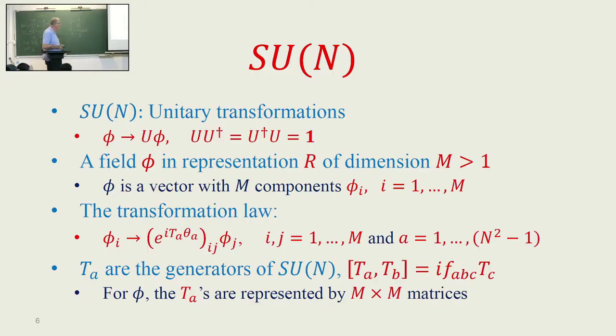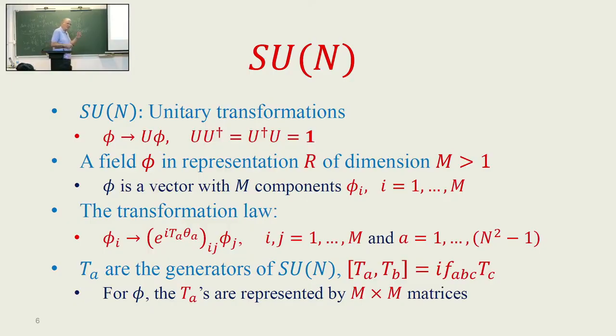So, if phi is a doublet, Ta are 2 by 2 matrices, and with SU2, there will be 3 such matrices. And so, for SU2, with a doublet, there is e to the i T1 theta 1 plus i T2 theta 2 plus i T3 theta 3. Okay, so the number of Ta's is n squared minus 1. It depends only on which group we are talking about. The matrices which represent them depend on which field they act upon.